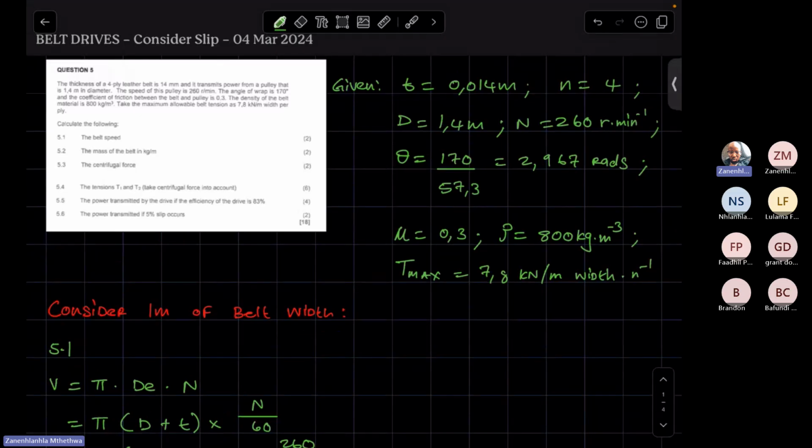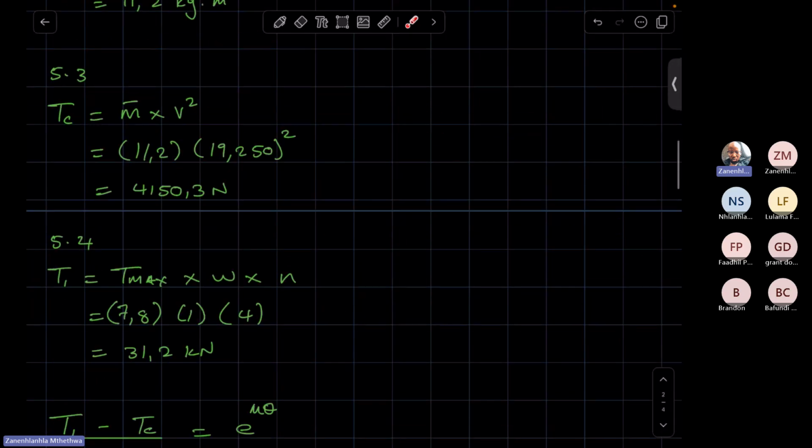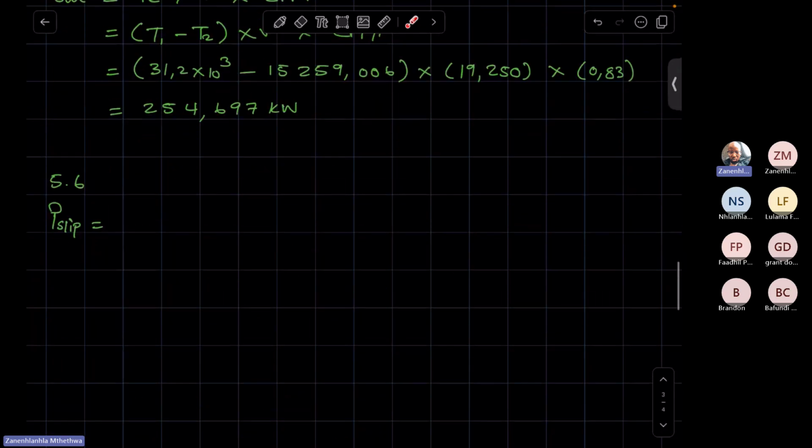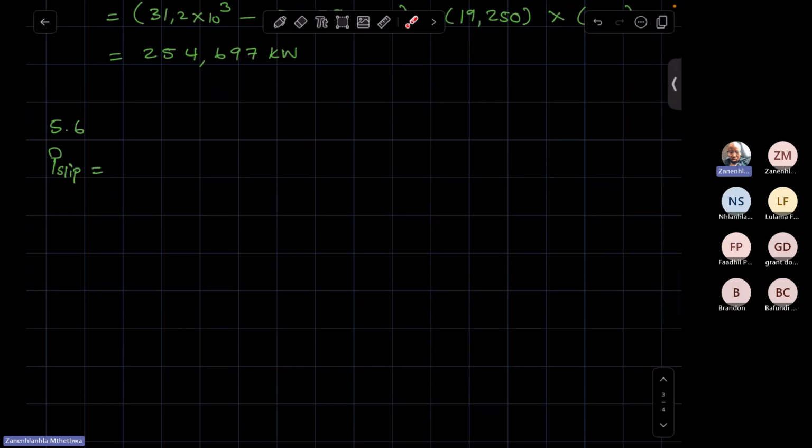The percentage of slip is 5%. So the way you calculate the efficiency of the slip if slip occurs is by saying 100% minus the slip efficiency.